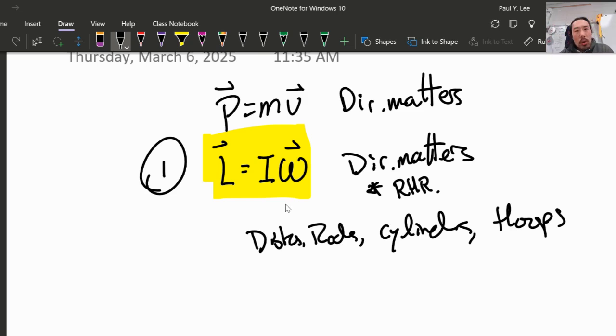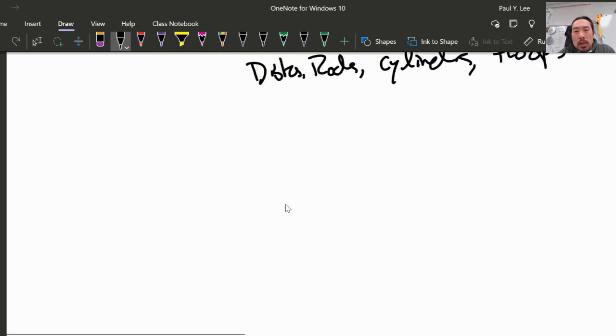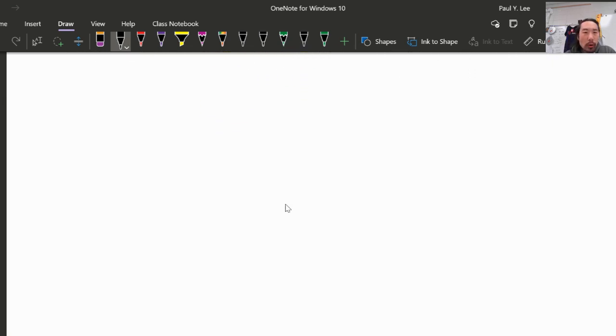All right, let's go into version 2 of this formula, and we're going to get version 2 from a derivation of version 1. For version 2, what you're looking for is a point particle.